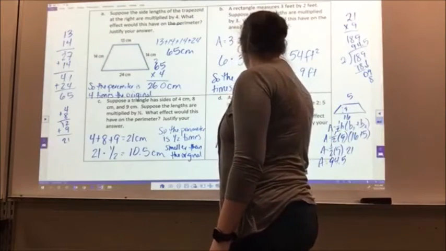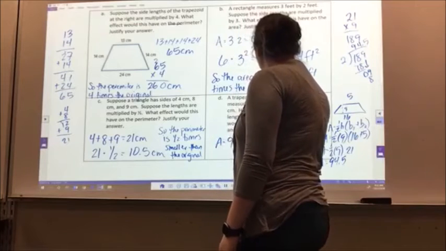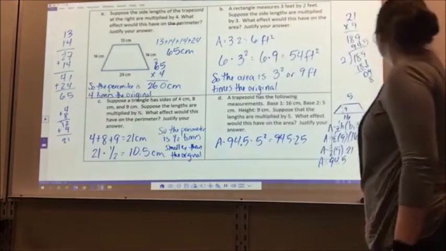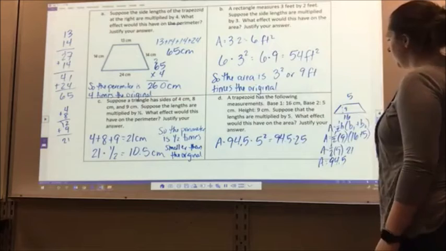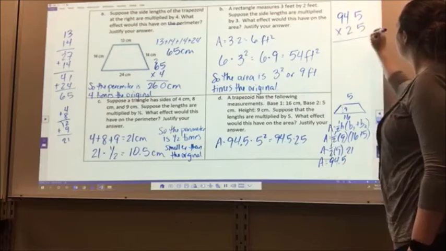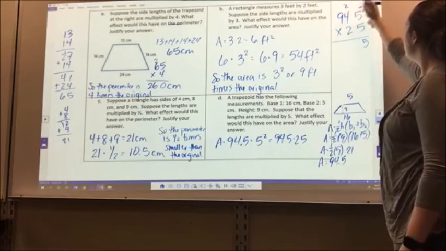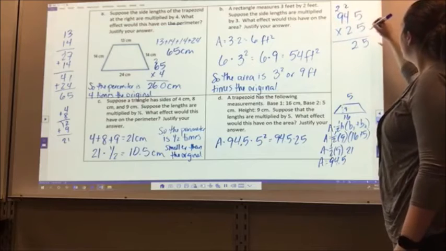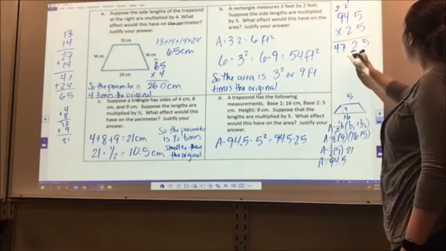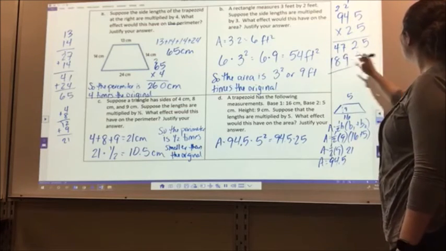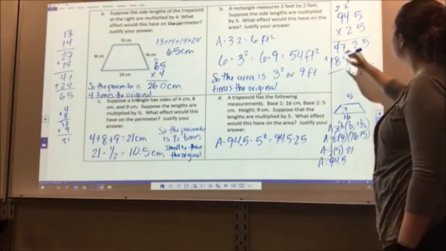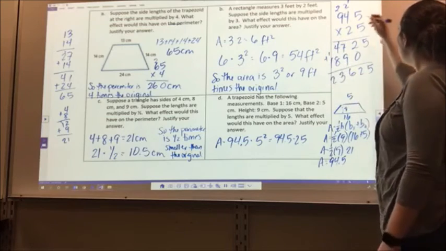So the new area equals 94.5 times 5 squared, 94.5 times 25. Okay, 5 times 5 is 25.